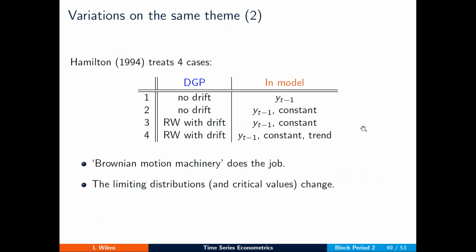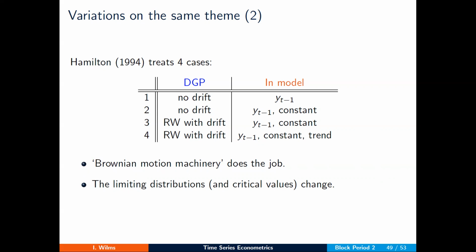Now, these deterministic components do change the limiting distributions, but it's always the same machinery of the Brownian motions that will do the job. We will each time start from our least squares estimate, arrive at our key expression, estimator minus true population parameter, and then we determine the factor by which we need to blow up that difference.